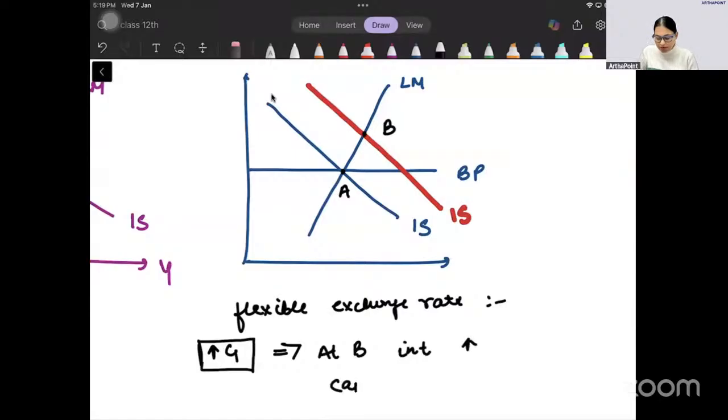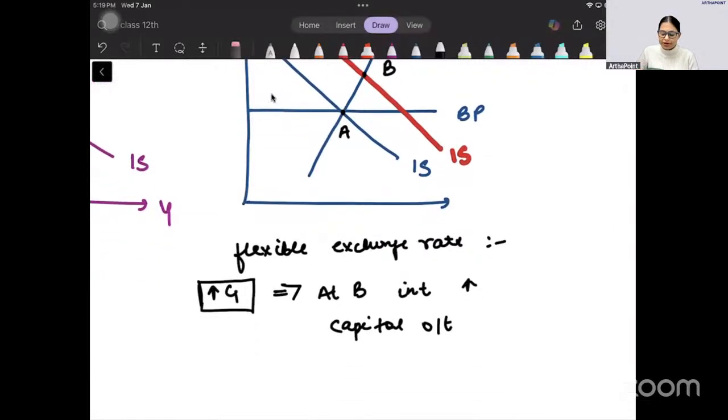So there will be capital outflow. Right? When there will be capital outflow, it will cause the exchange rate to depreciate. Sorry, capital inflow. Interest rate is increasing, so capital inflow.